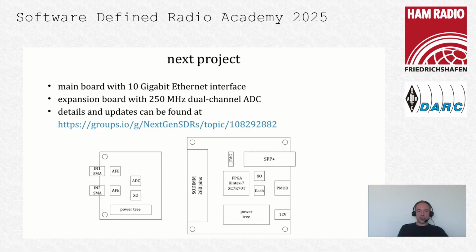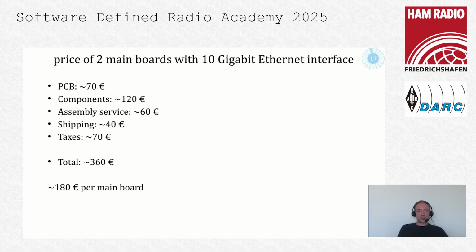I already identified all the components for the main board and started drawing the PCB and estimating its price. So the price of 2 main boards with 10 gigabit Ethernet interface and FPGA is around 360 euros for 2 boards. Basically, it makes the cost of each board around 180 euros.